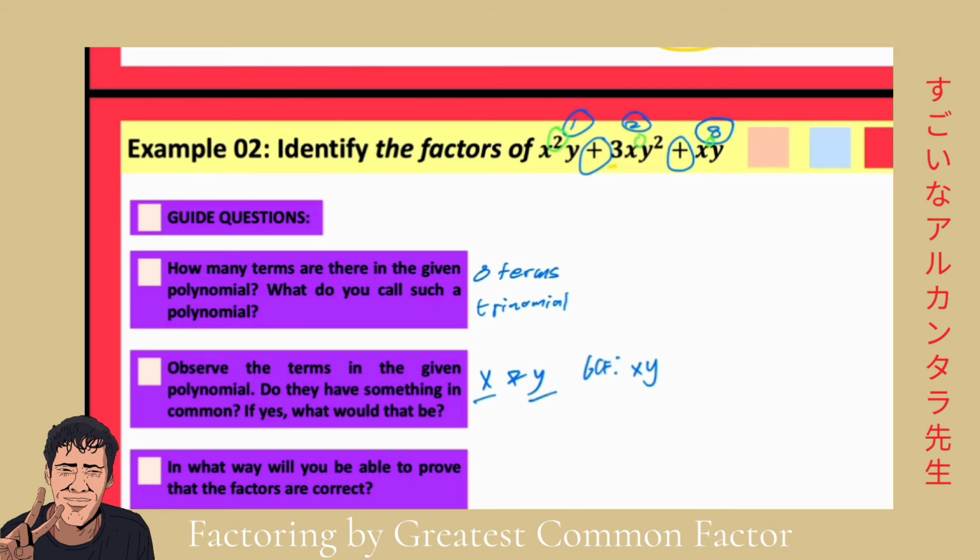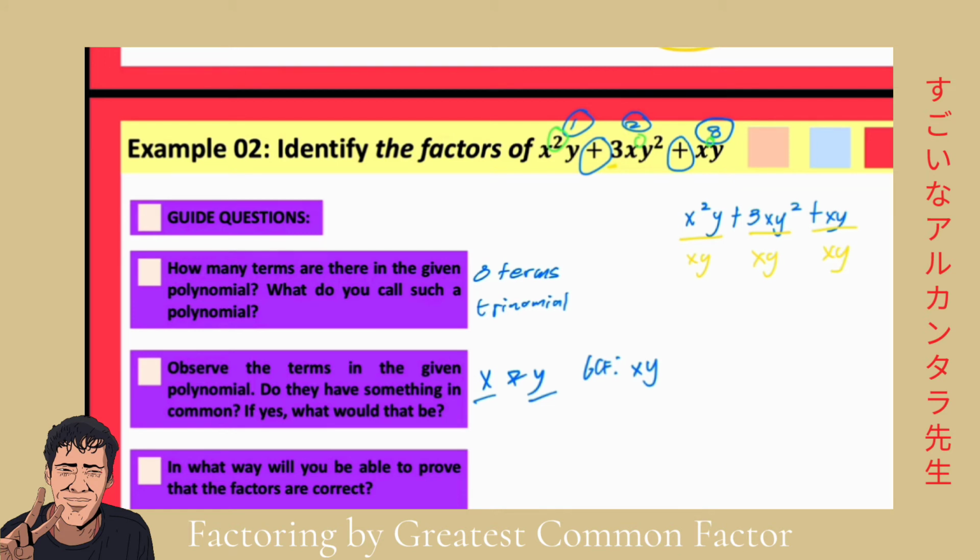Again, the reason why it's y is because the lowest exponent is 1. In this case, we will do what we did earlier. We will divide each term by the GCF. So the GCF here again is xy. Here it's xy. Here it's also xy.